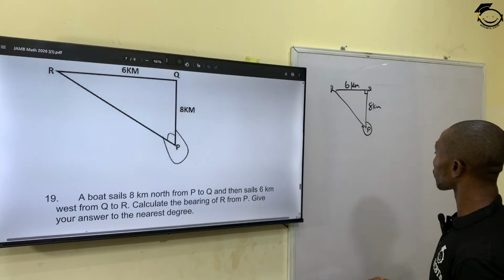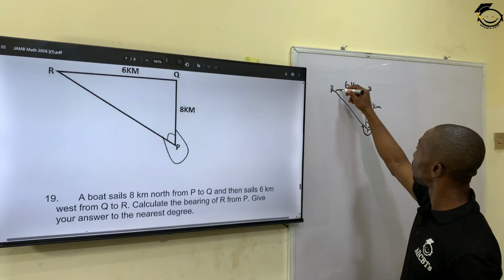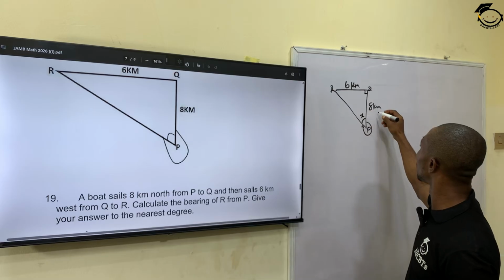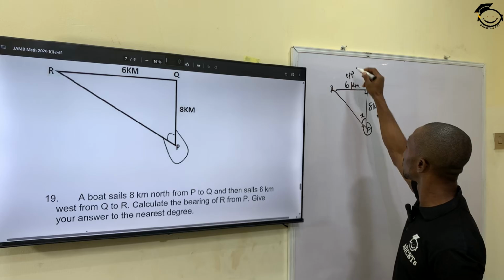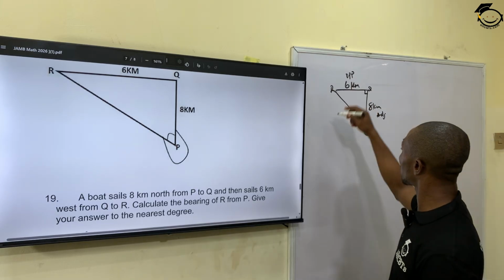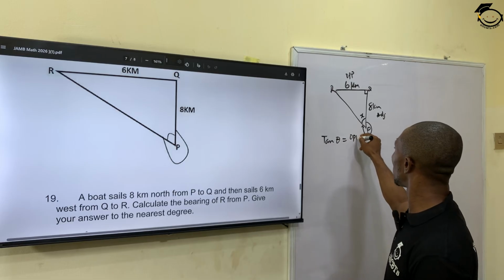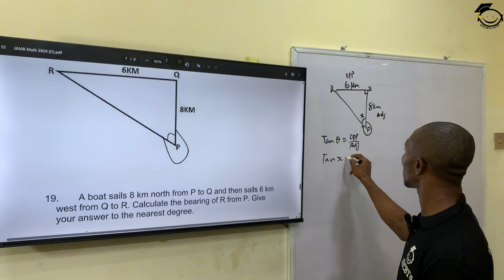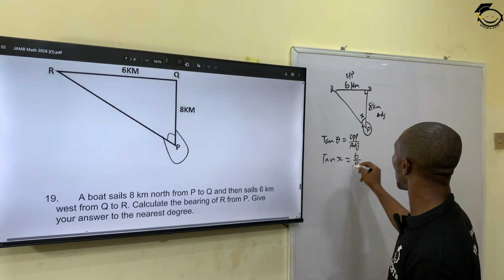Okay? Now, for us to find this angle X, we have this as an adjacent and this as an opposite. So having adjacent and opposite, we can use tan theta equals opposite over adjacent. Now this will become tan X equals opposite over adjacent, which is 6 over 8.